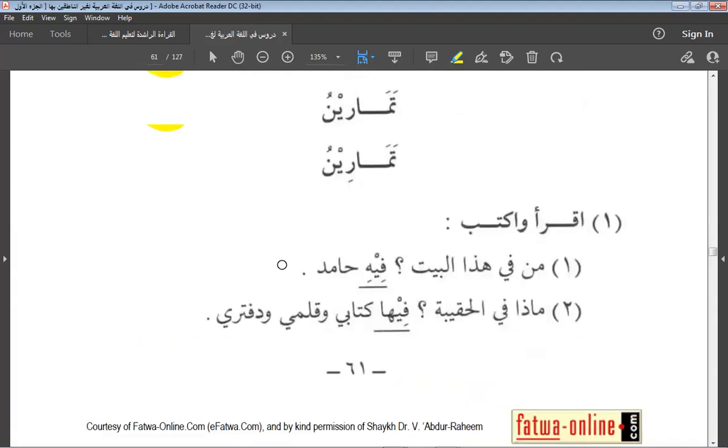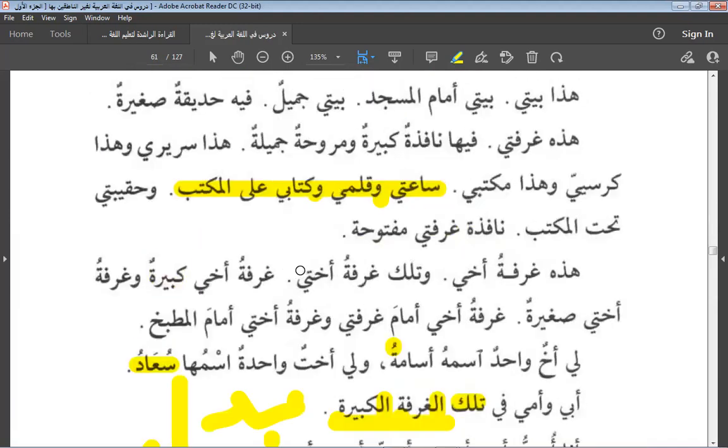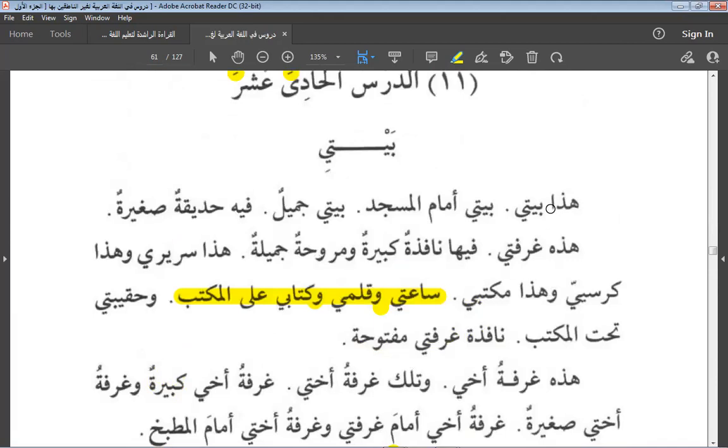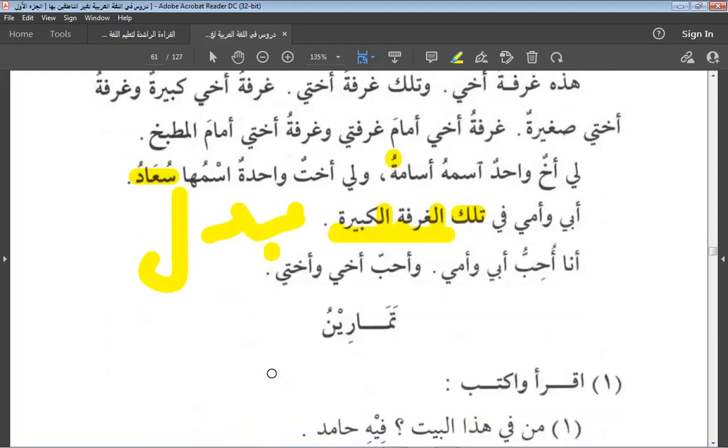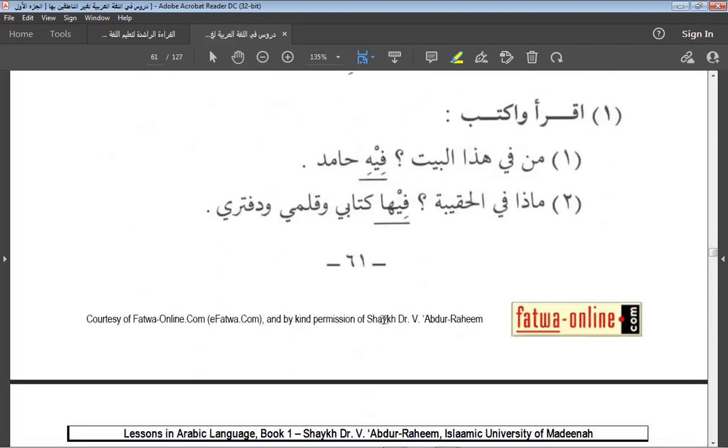I think the lesson was actually geared towards the fihi thing, because if you look at it, it was a lot of using the pronoun to replace the noun. Baiti jamilun, and then fihi, I mean fi baiti. Hazihi ghurfati, fiha. They actually geared the lesson towards that. That was part of the things they wanted to achieve. Kind of using the pronoun to replace the noun after the noun has been mentioned.